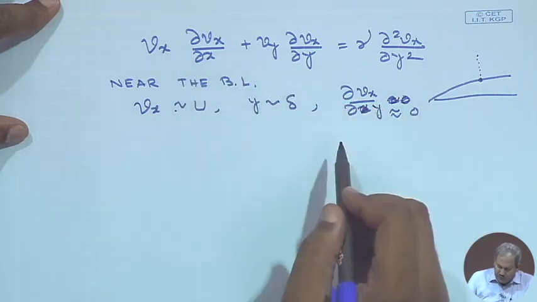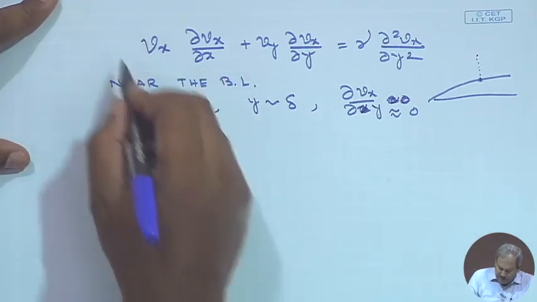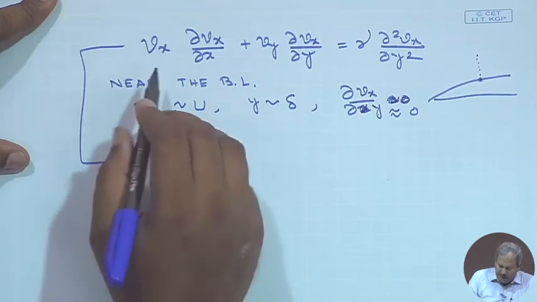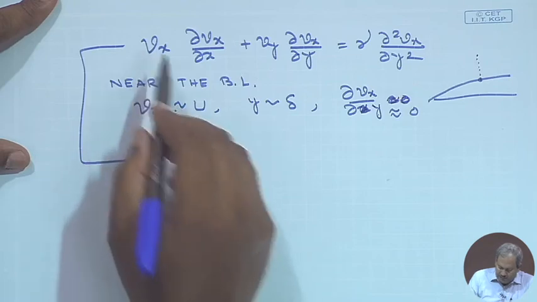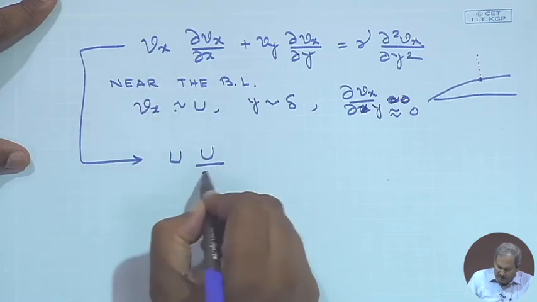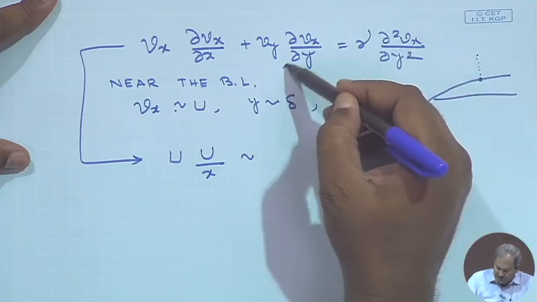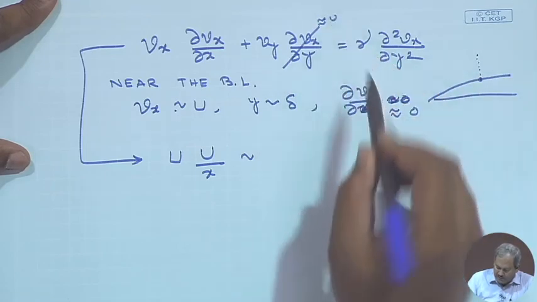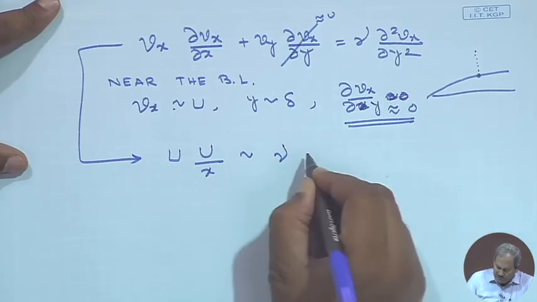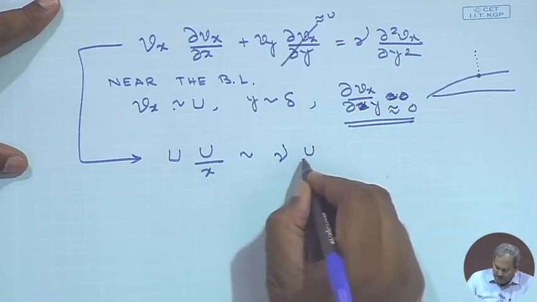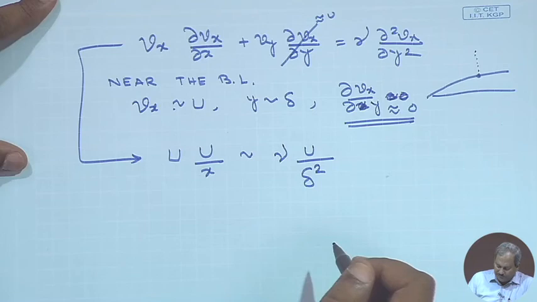Then I write the approximate form of this equation as u squared by x, which is approximately equal to nu times u by delta squared, with y equal to delta.